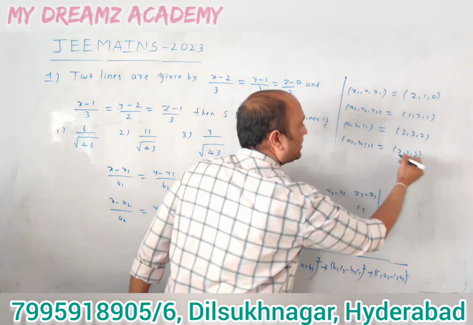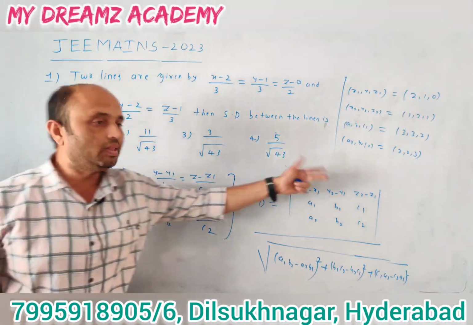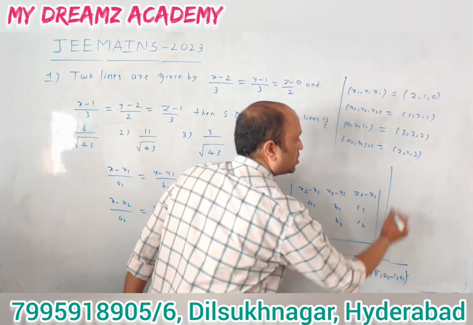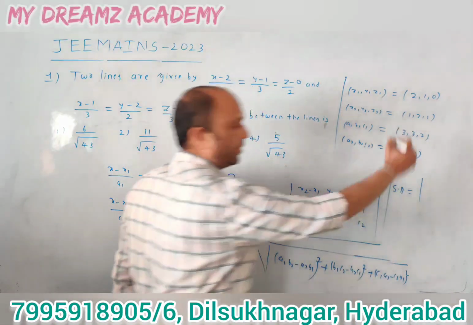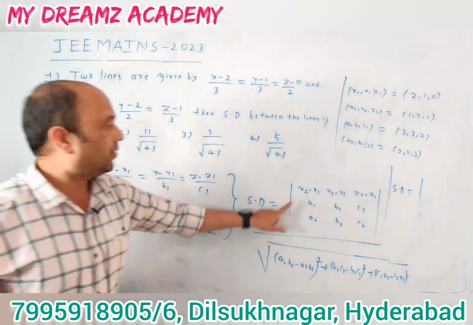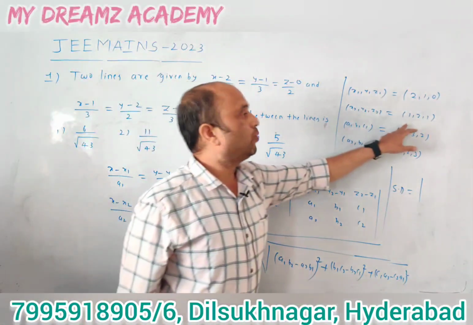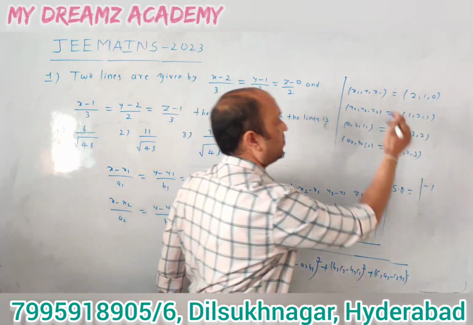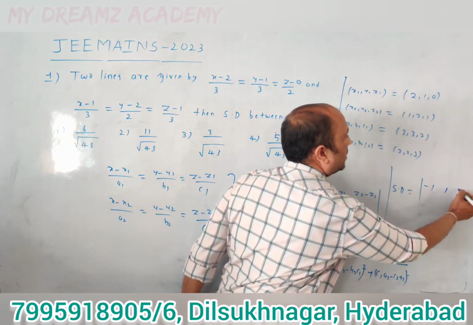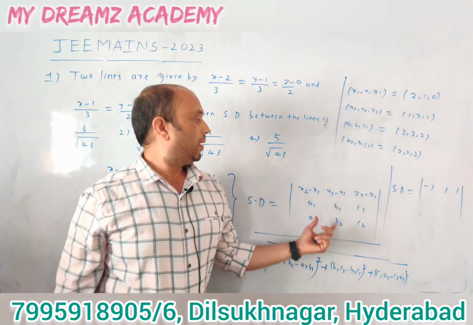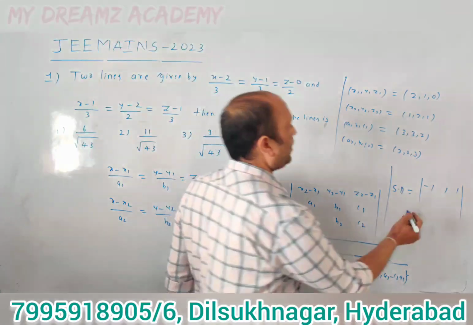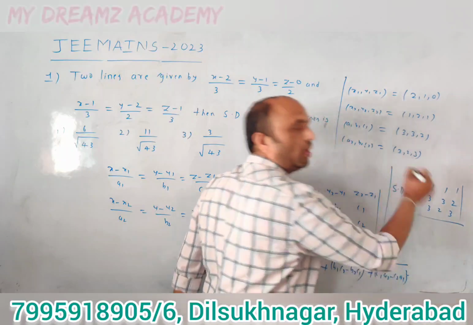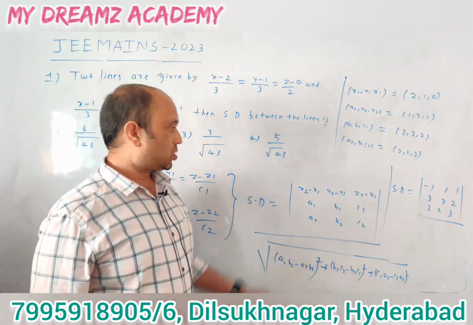So substitute all these values in the formula and we'll get the shortest distance. The shortest distance is equal to the modulus of x2 minus x1, which is 1 minus 2, that is minus 1, then y2 minus y1, which is 1, and z2 minus z1, which is 1, with rows a1, b1, c1 as 3, 3, 2 and a2, b2, c2 as 3, 2, 3, divided by the square root of the total value.